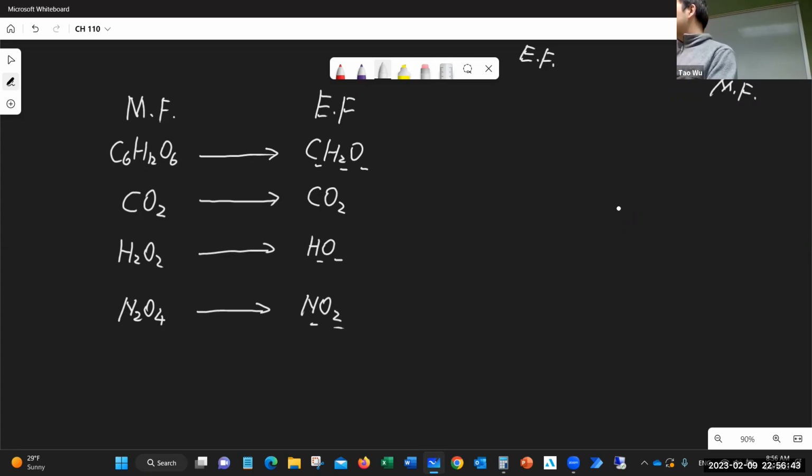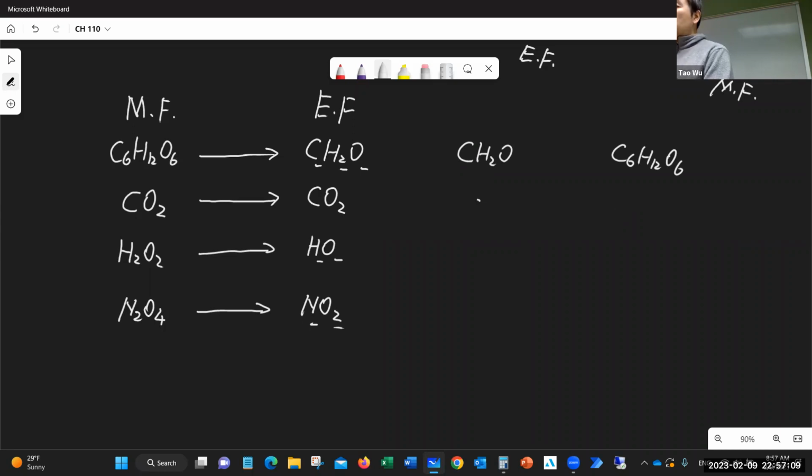Another concept I want you to understand is, for example, CH2O and C6H12O6. They are going to have the same ratio between the atoms.